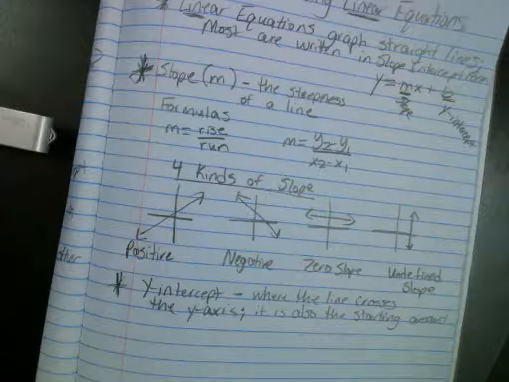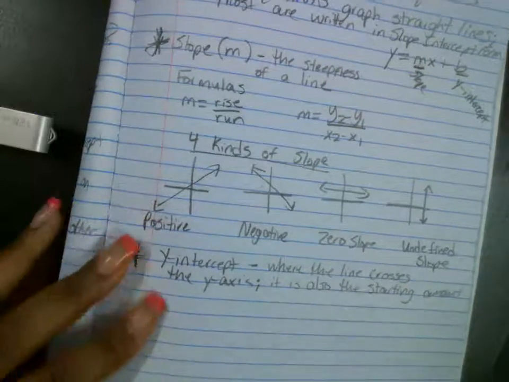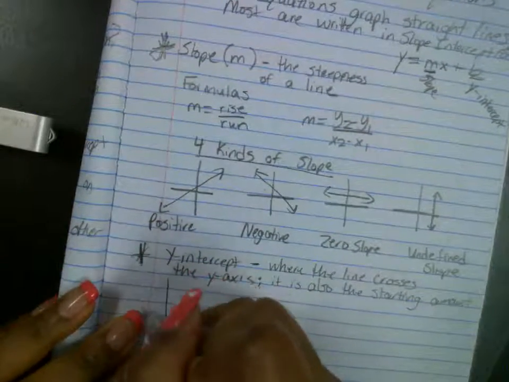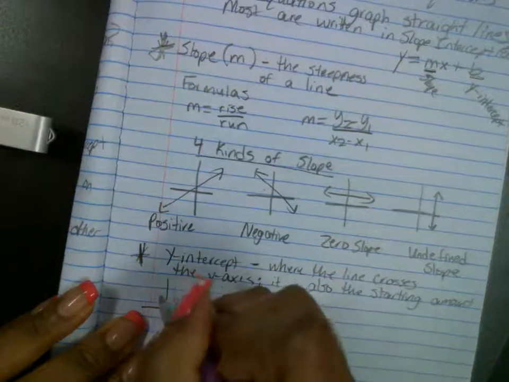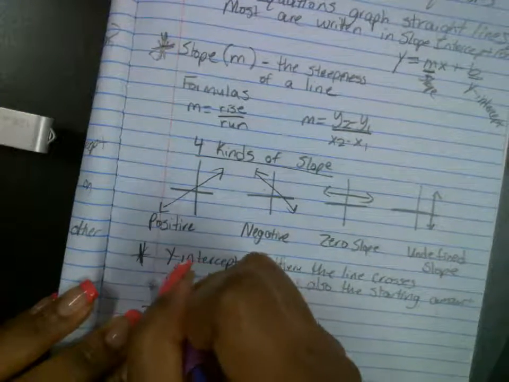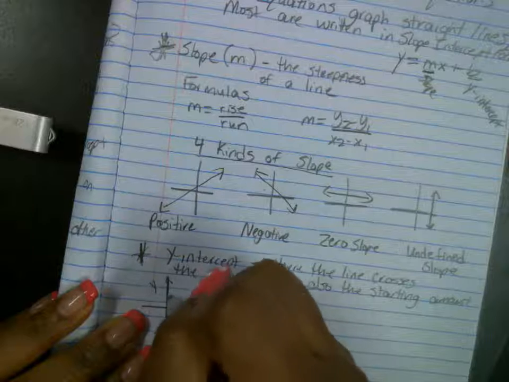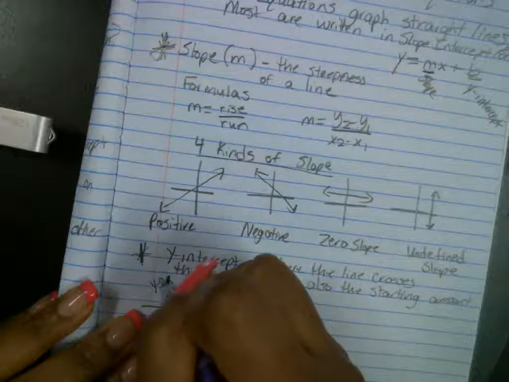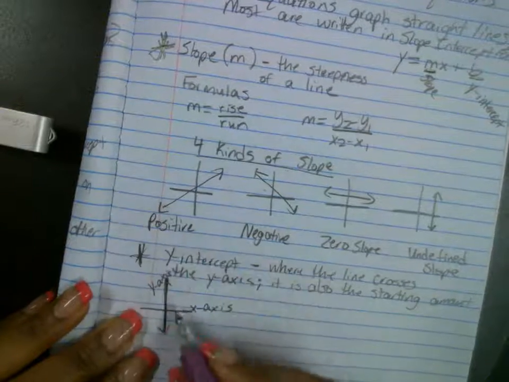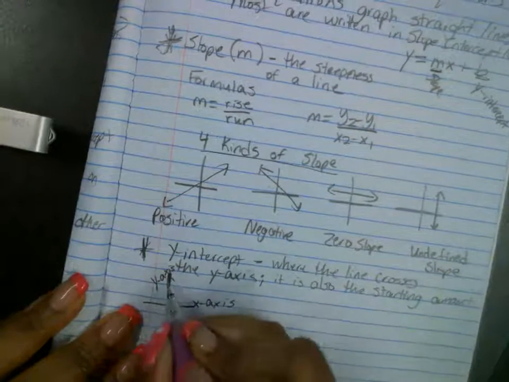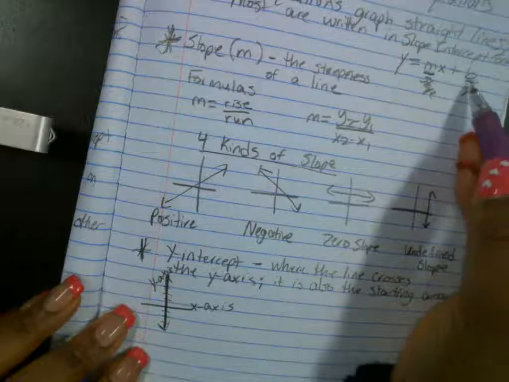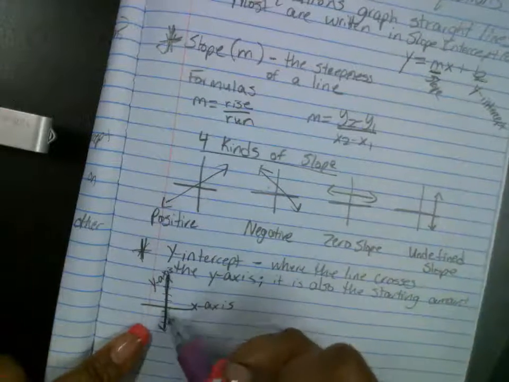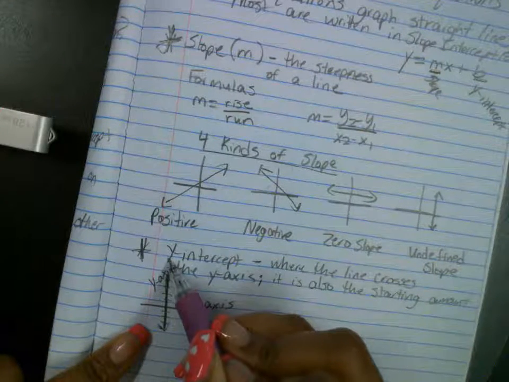I'm going to pause for the calls. I'm going to draw a little coordinate plane. This is my x-axis here. We're not talking about the x-axis. We're talking about where it crosses the y-axis. This is the y-axis right here. So if the B is 7, that means it crosses at positive 7 up here.